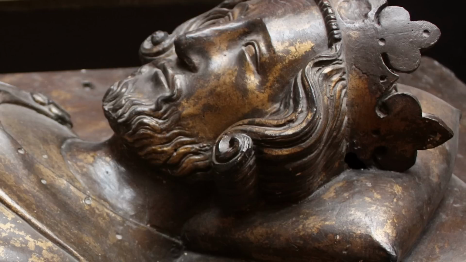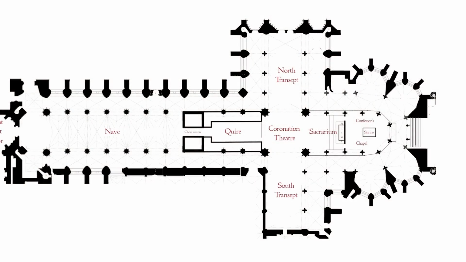And the building was used as it was intended to be for the coronation of his son Edward I in August of 1274. The coronation of the British sovereign takes place at the east end of Westminster Abbey, that part of the building that Henry III constructed, and it's the most sacred part of the building.